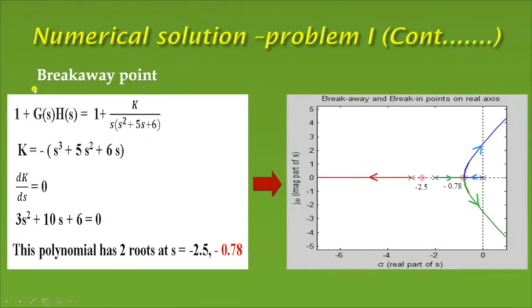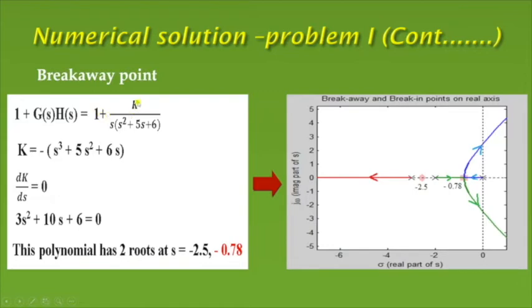Then calculate the break-away point. One root locus starts from this 0, another root locus starts from this -2. Then these two root loci meet at a point on the real axis. So find this point. This point is called the break-away point. Consider the characteristic equation 1 plus G(s)H(s) equal to 0.